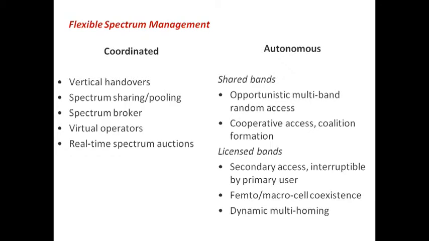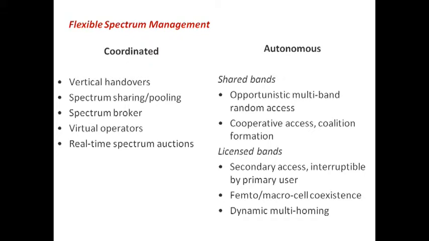In a coordinated way, you think of some entity that's actually a referee in the use of spectrum. So you're using spectrum more flexibly than before, so you're not relying on those rigid allocation rules like the FCC chart that you saw yesterday in one of the early slides. But this flexible management of spectrum is still coordinated by someone.